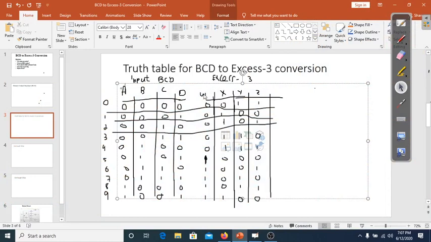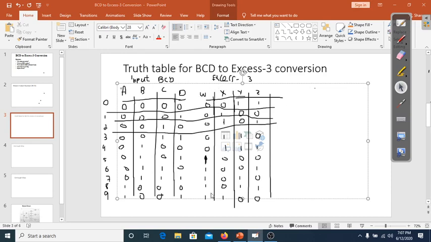Now these are the outputs corresponding to these inputs A, B, C, D. This table is the input table, and W, X, Y, Z are the outputs. Now I will simplify these outputs.